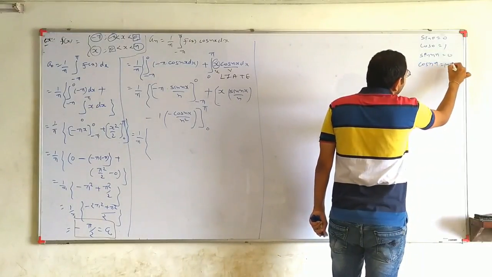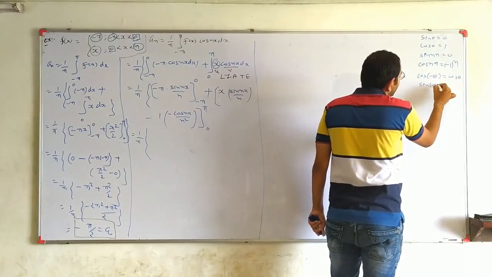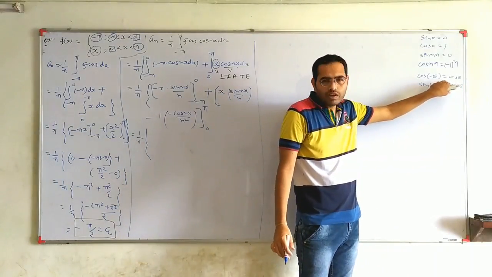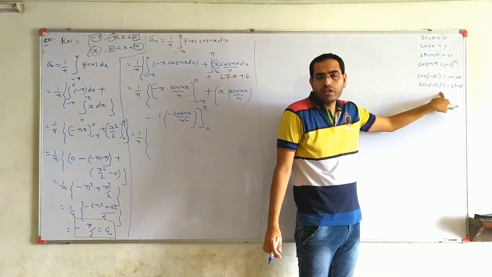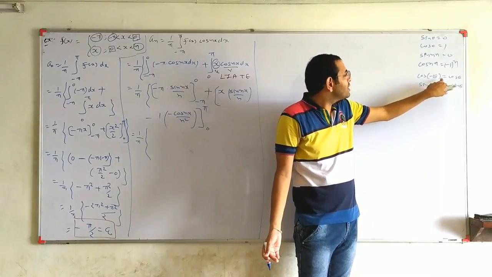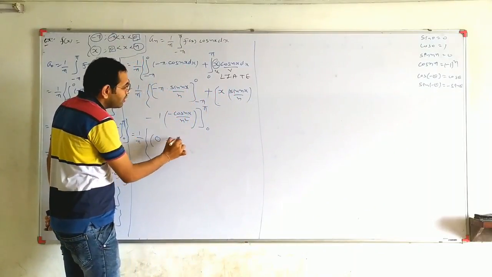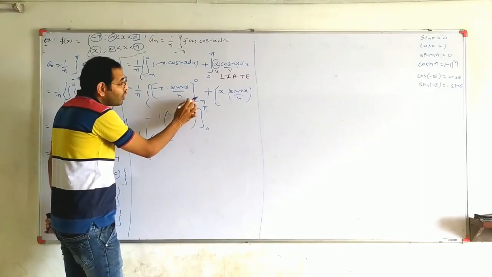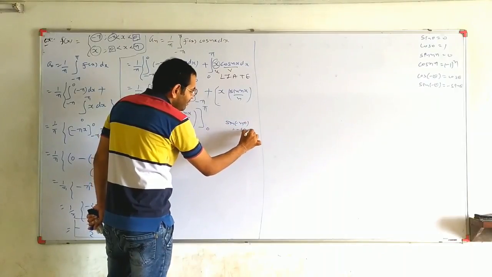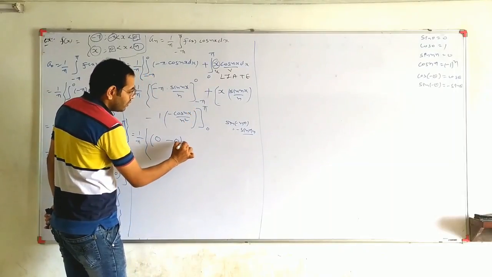Cos of minus theta equals cos theta, and sin of minus theta equals minus sin theta. That is an even and odd function: cos is an even function and sin is an odd function, which you have already learned in earlier standards, 11-12 science. Now sin 0 is 0, 0 into anything is 0; minus sin of minus n pi gives minus of minus sin n pi, but the value of sin n pi is 0, so 0 into anything is 0.